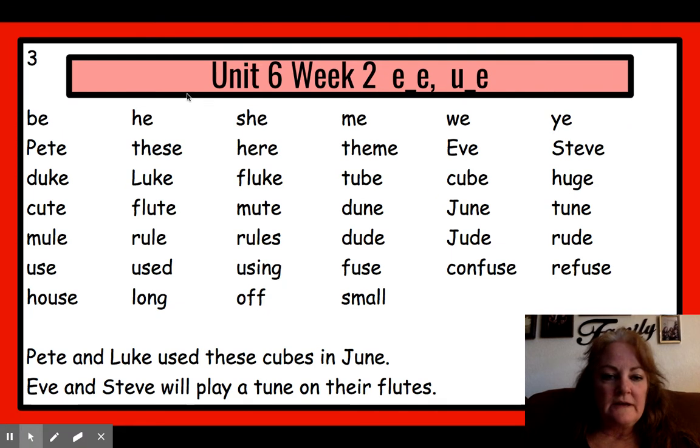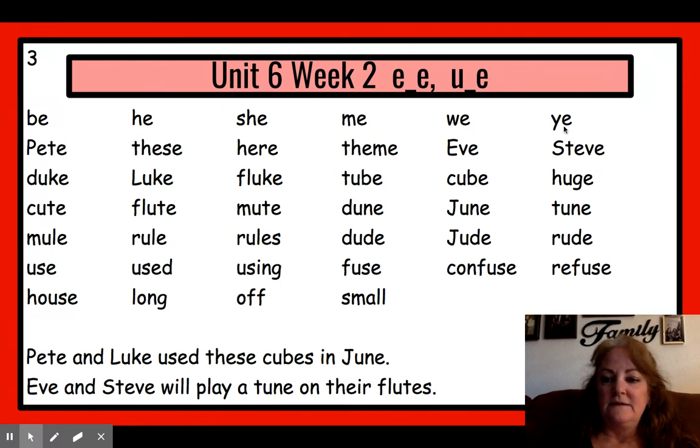One more thing we're learning is E by itself at the end of a very short word also says the long E sound. So E by itself also says long E. Okay, here we go. So whenever the E is at the end of a very short word like this, it will have the long E sound. Let's go ahead and sound these out. B, E, be.